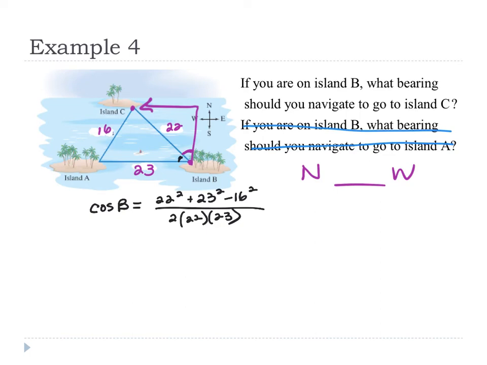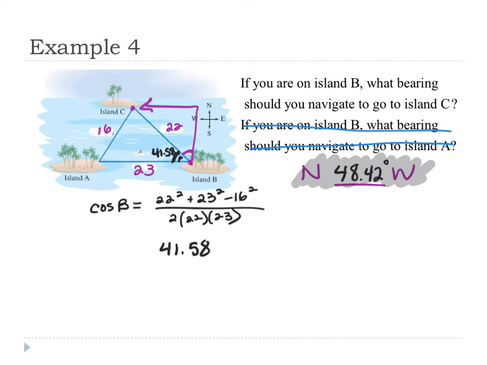And I get 41.58. So that's what's happening in here. To find the other part, subtract that from 90 degrees, and I get 48.42 degrees.